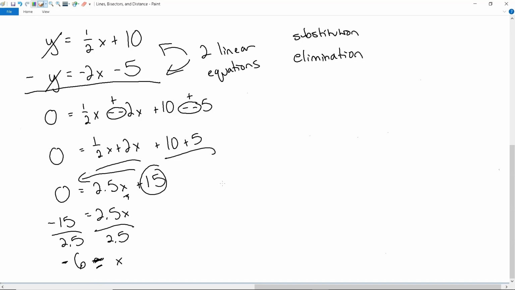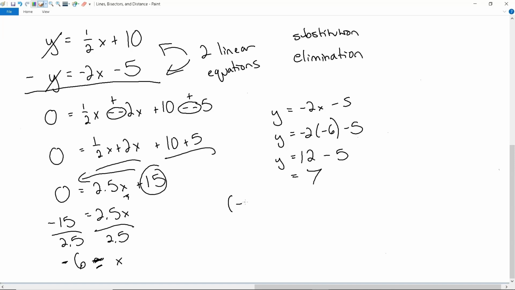Okay, so the x value that we need is -6, but we need to plug that back into one of our equations to see what the y value would be. So let me use this one. -2 times -6 is a 12, minus a 5 should be a 7.